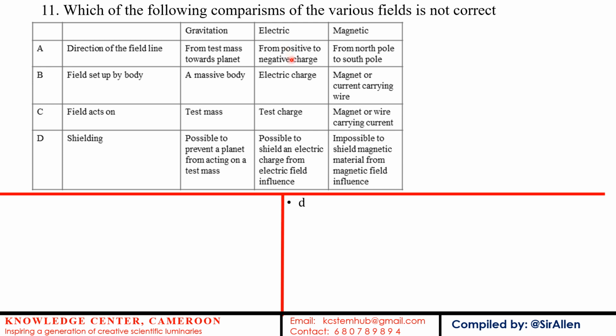Now electric field moves from positive to negative charge, correct. Magnetic field goes from north pole to south pole, correct. Now we have field set up by the body. Of course, it's set up by a massive body like the planet, correct. Electric field is set up by electric charge, like a positive charge or a negative charge. Magnetic, of course, a magnet or current carrying wire, correct.